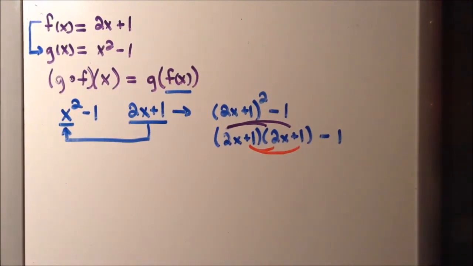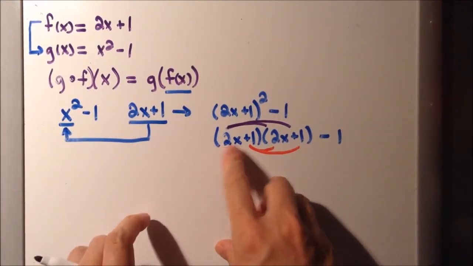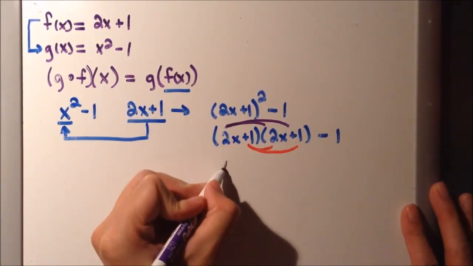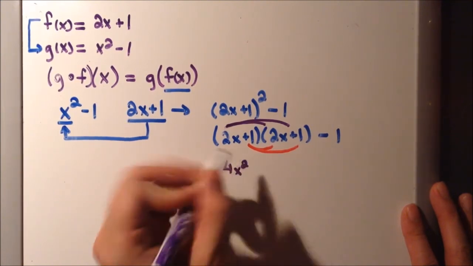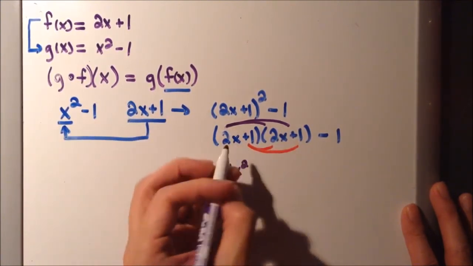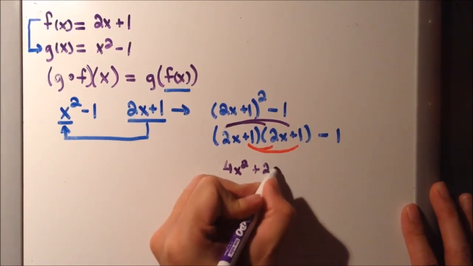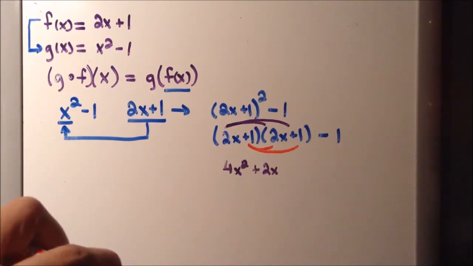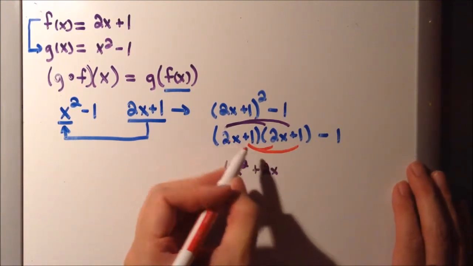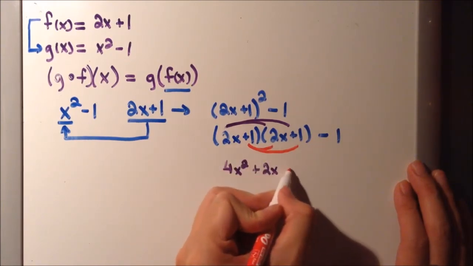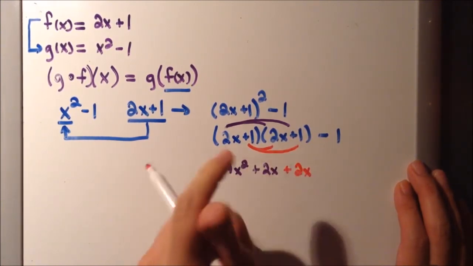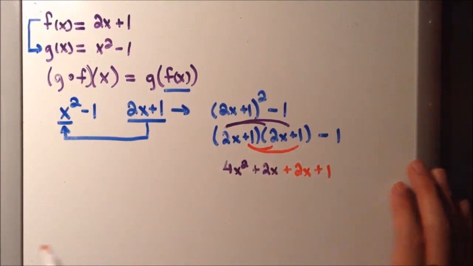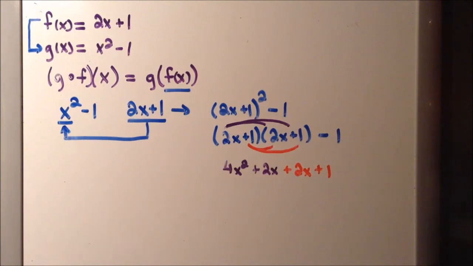Alright. 2x times 2x, well, that's just 4x squared. 2x times positive 1 is just plus 2x. And then now we're going to work with the plus 1. So 1 times 2x, just a 2x. And a 1 times 1, just measly 1. And then we bring down that minus 1.